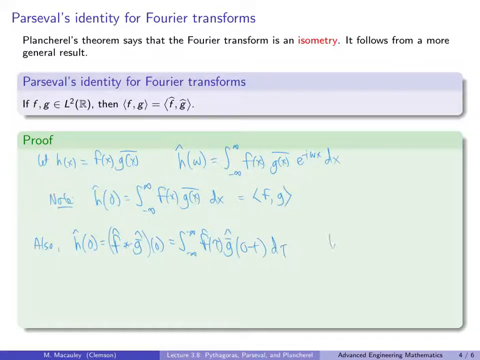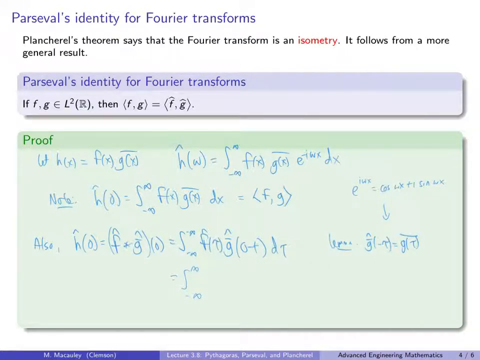And then I'm going to write as a lemma, I will encourage you to check this, that g bar hat of negative tau is equal to g hat of tau bar. So check that. It's just using the definition. And here's a hint for that. E to the i omega x equals cosine of omega x plus i sine of omega x. And now think about even and oddness and this identity.